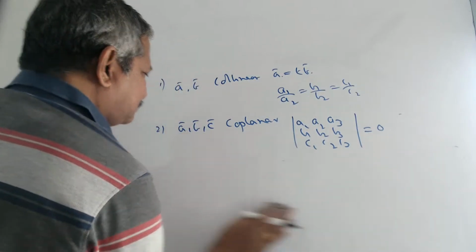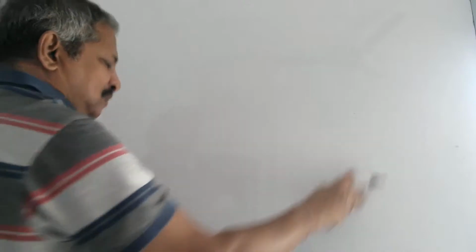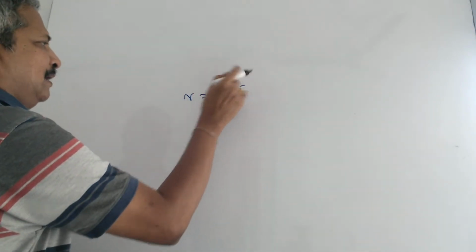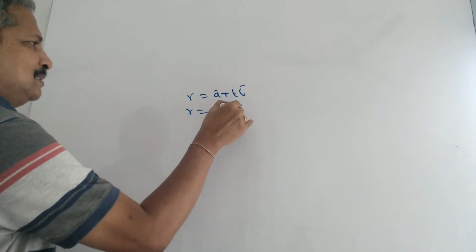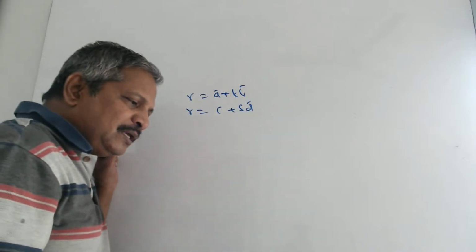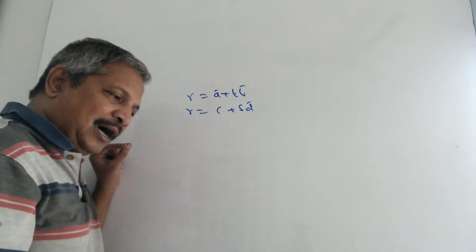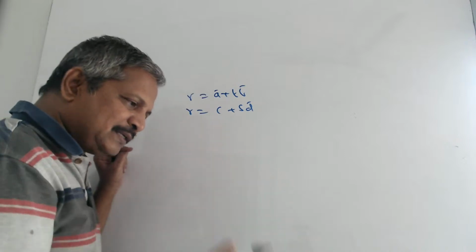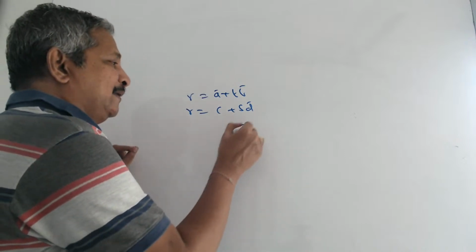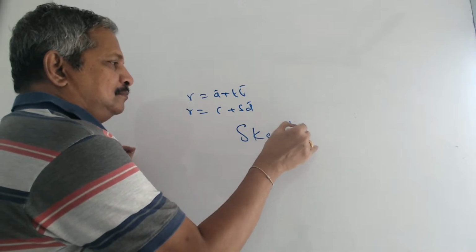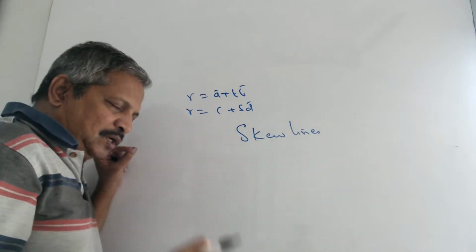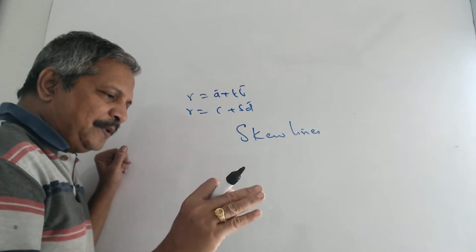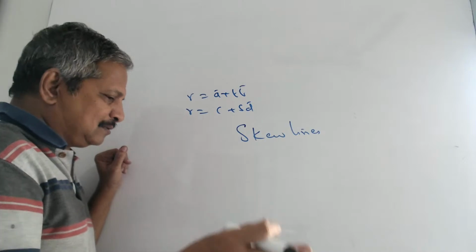Next, another thing: R equal to A plus TB is a line. R equal to C plus SD is another line. If these two lines are non-coplanar and non-intersecting, then they are called skew lines.